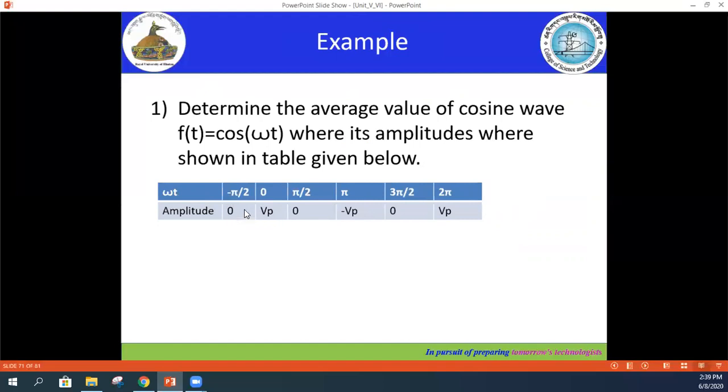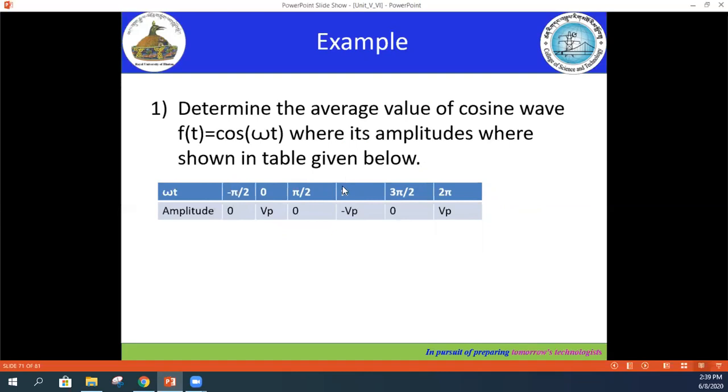At minus pi by 2, amplitude is 0. When it is 0, amplitude is V peak. When time is at pi by 2, amplitude is 0 again, and when it is pi, amplitude is minus V peak. At 3 pi by 2, it is again 0, which means from this we can get one complete cycle.